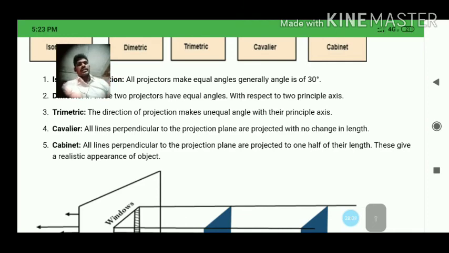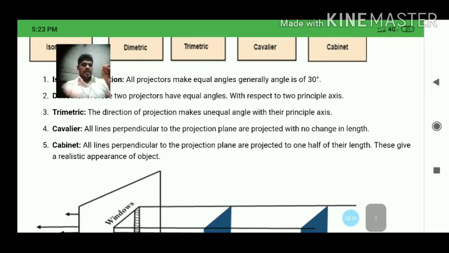In diametric, two axes are equal, and in triometric, all are unequal angles, not at all equal to one another. This type of projection is called axonometric projections: isometric, diametric and triometric. So this is the difference between multi-view and axonometric.